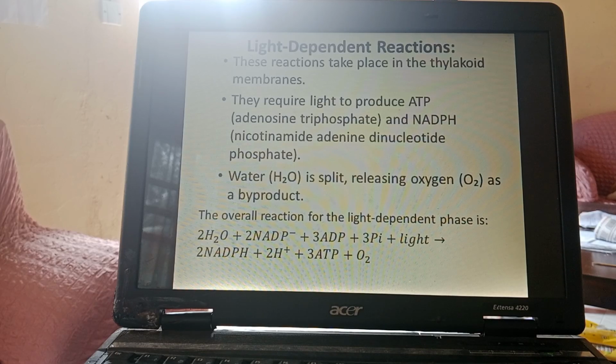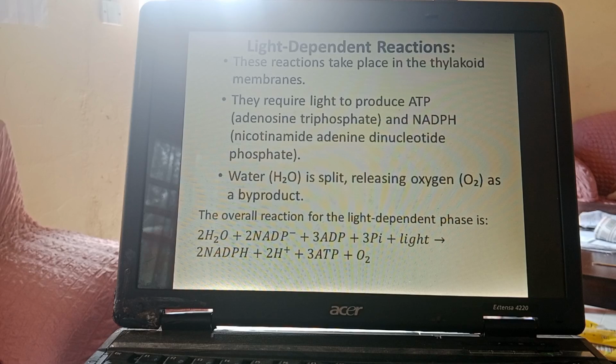So the whole rationale behind photosynthesis is to capture that light energy. Water is coming from the ground. This water is split by the light energy, and we have now oxygen released and hydrogen is left. The overall reaction for the light-dependent phase is 2H2O plus 2 NADP.